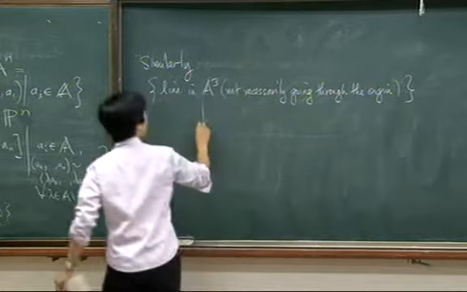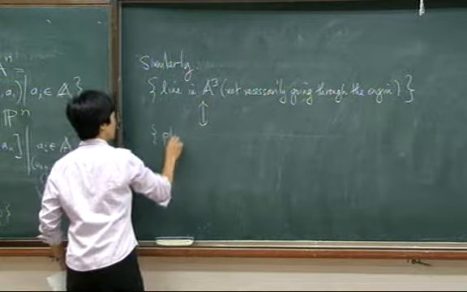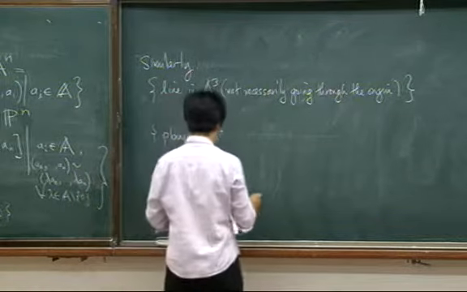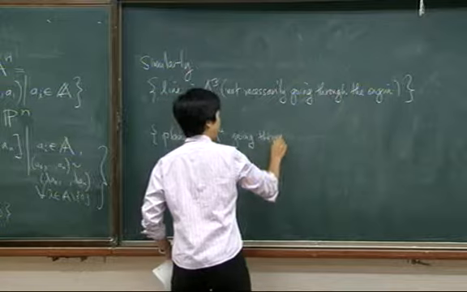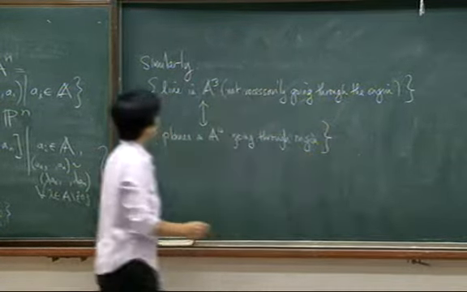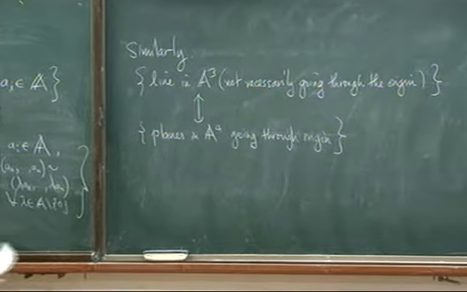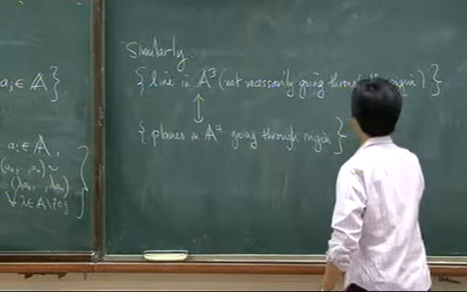Okay, these are in one-to-one correspondence with planes in A4 that do go through the origin. And planes in A4, two-dimensional spaces in A4 has a name. It's the Grassmannian of two planes in A or C4, and so I'll give that a name.